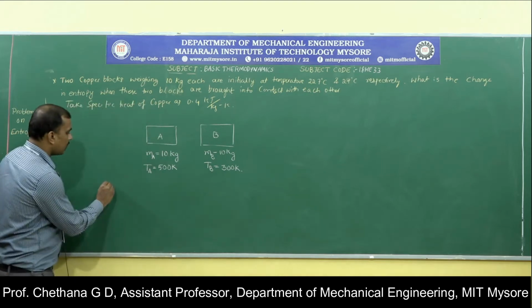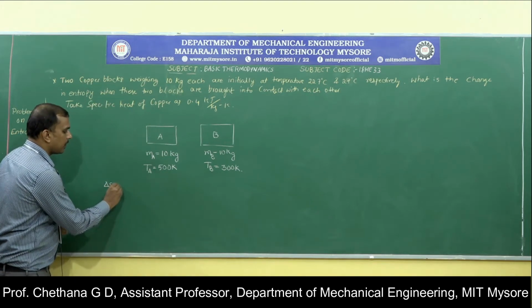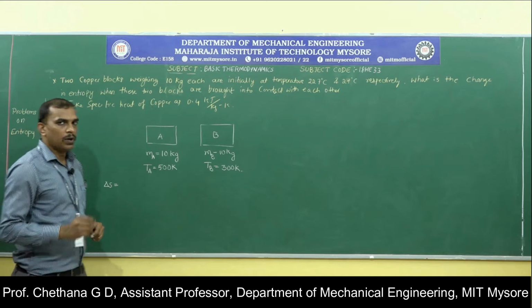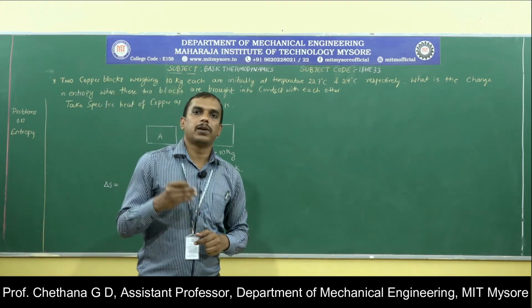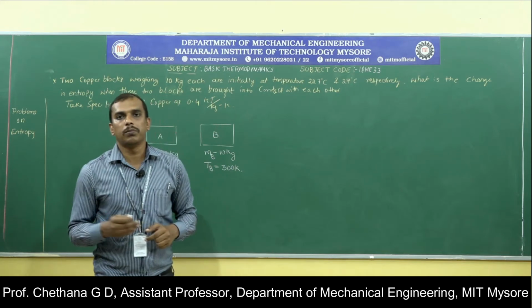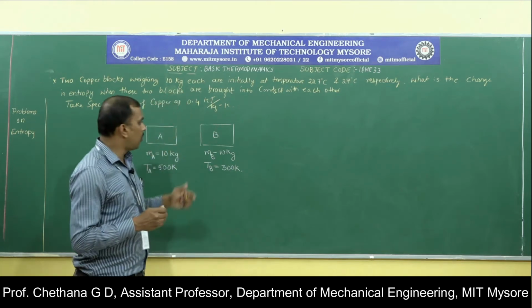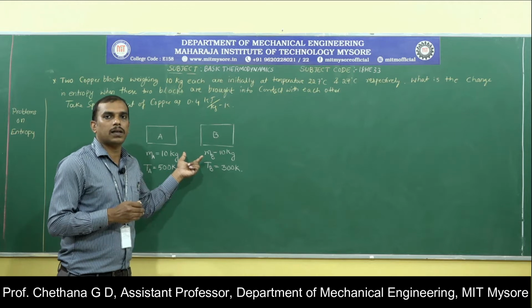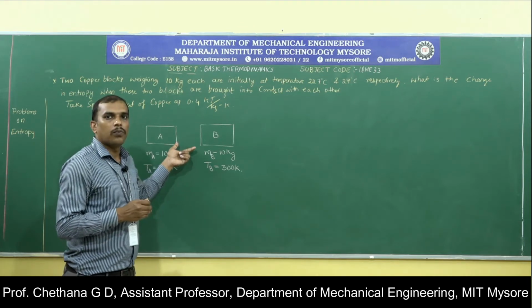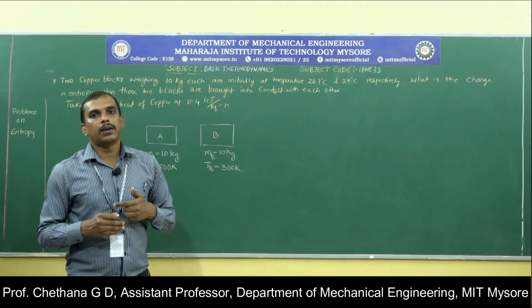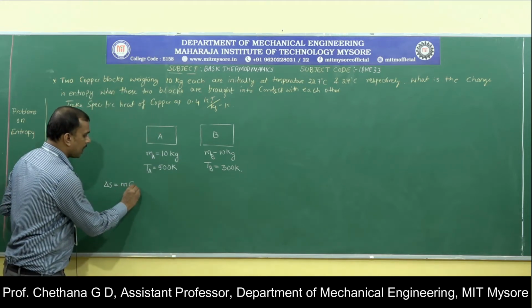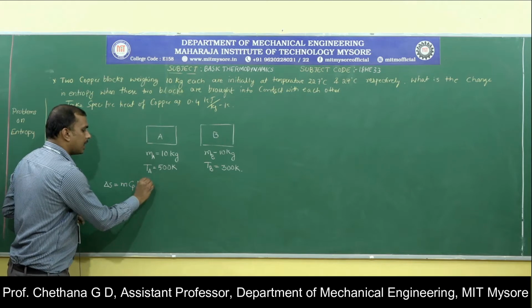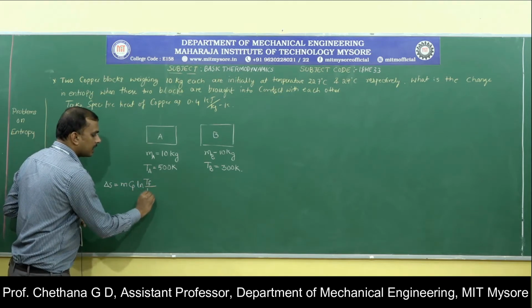We have derived a few equations for constant pressure and constant volume processes. In most cases, we assume a constant pressure process, that is m Cp ln of T final by T initial.